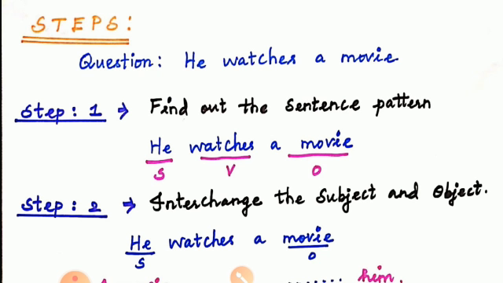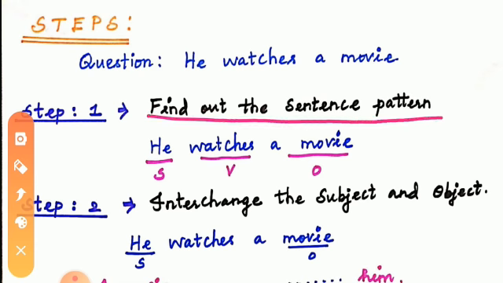And next to that, I told you what all the steps are involved while changing an active sentence into passive. The first step is to find out the sentence pattern of the given sentence, so that we are able to classify it into S plus V plus O. In the second step, we have to interchange the subject and object.